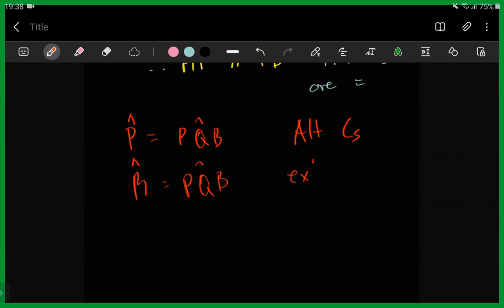And then you can say therefore the P here is equal to the R here. You've now proved what they wanted us to.